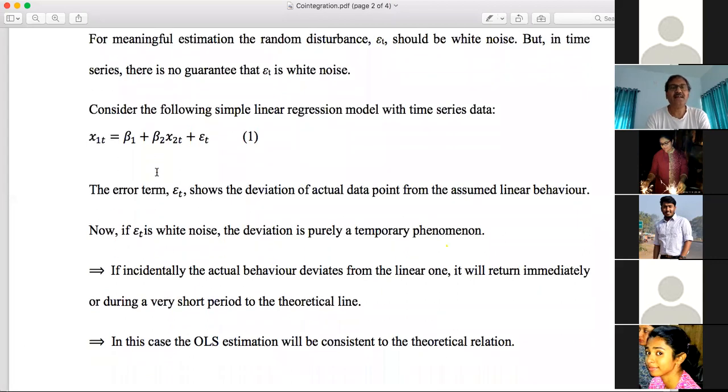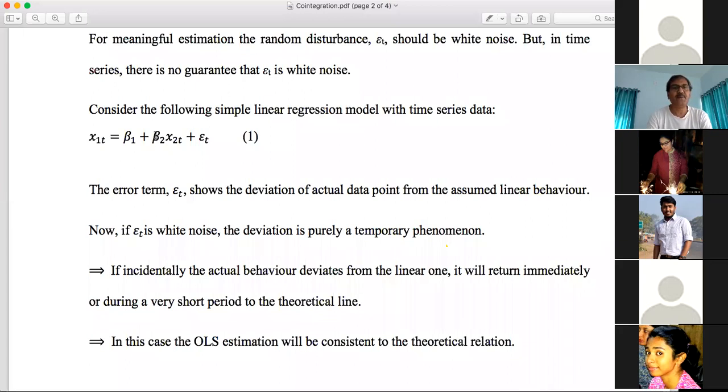We described earlier, at the beginning of your econometrics class, the meaning of the econometric model and the population regression function. The population regression function also looks like this. In the population regression function there is no epsilon t, because of the assumption that the expected value of epsilon t equals 0. So the population regression function is used as a proxy for the theoretical relation.